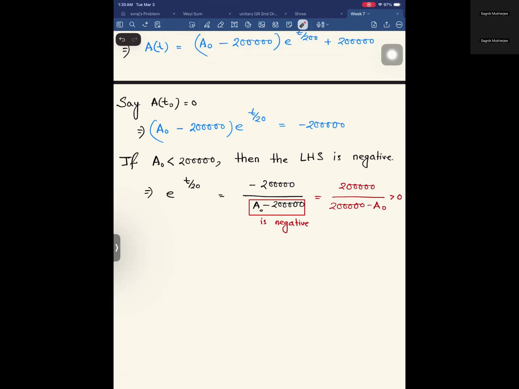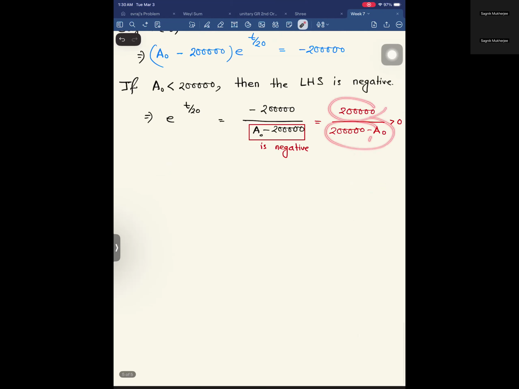I assume that 200,000 is more than A0. So this is a positive exponent, and this is a positive component, this is also a positive component, right?